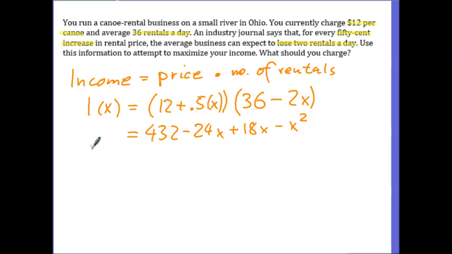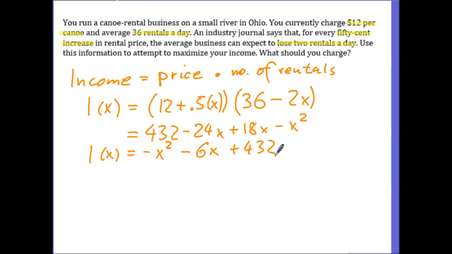I'm going to shuffle this around a little bit in order to have a trinomial or quadratic function that starts with our quadratic term, combining like terms as we go, and we get negative x squared minus 6x plus 432. And again, what do we need to do here? We need to find the vertex.